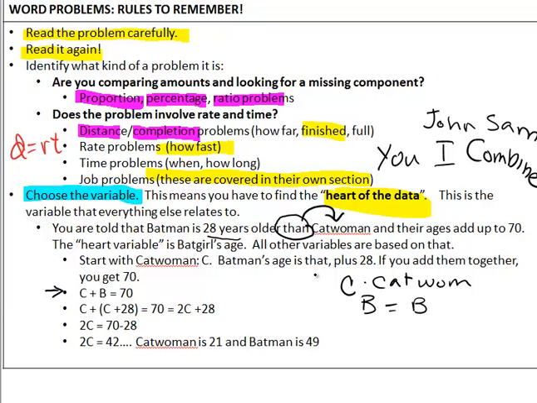Because if I take that and add 28, I can have Batman. So here I've just set it up as C plus 28 plus C equals 70. Combine like terms, 2C plus 28. Isolate the variable, and eventually I will discover that Catwoman is 21, and since 21 plus 28 is 49, Batman is 49.